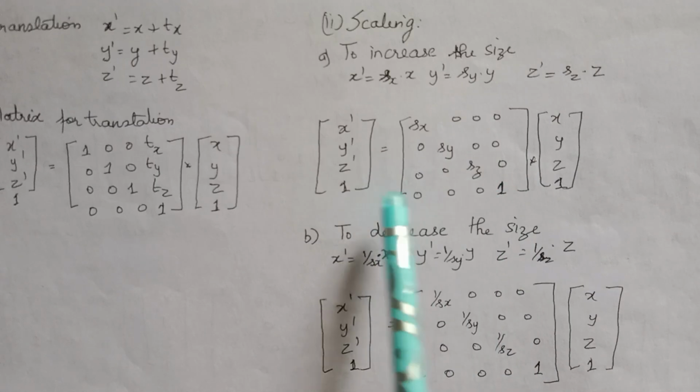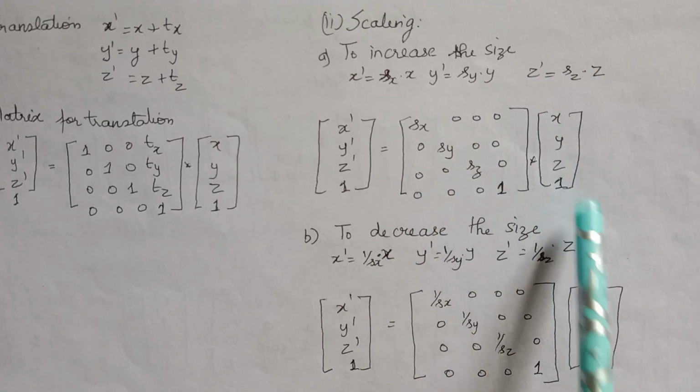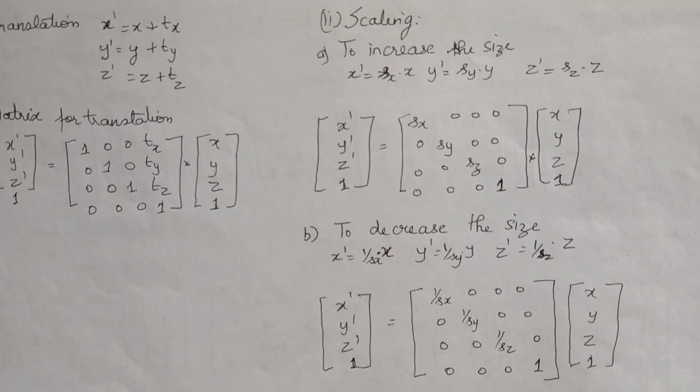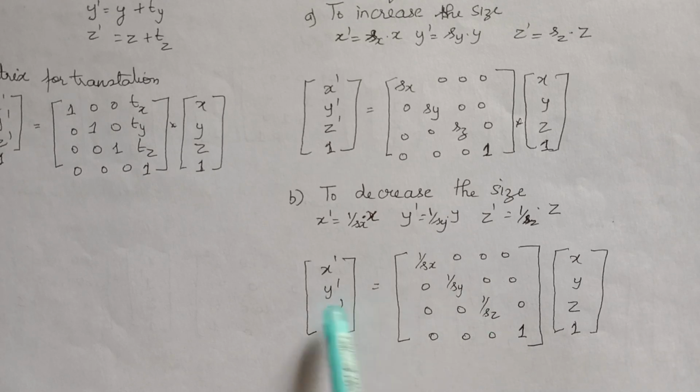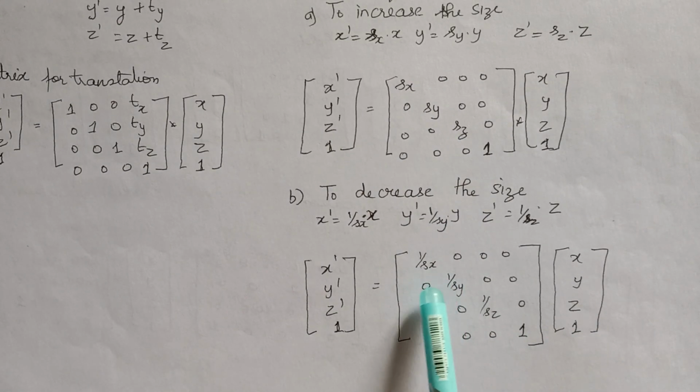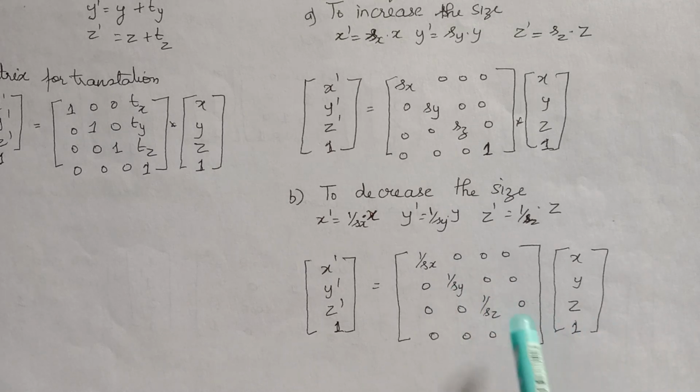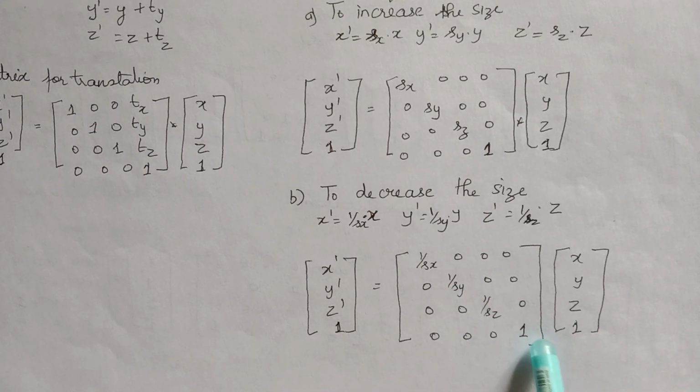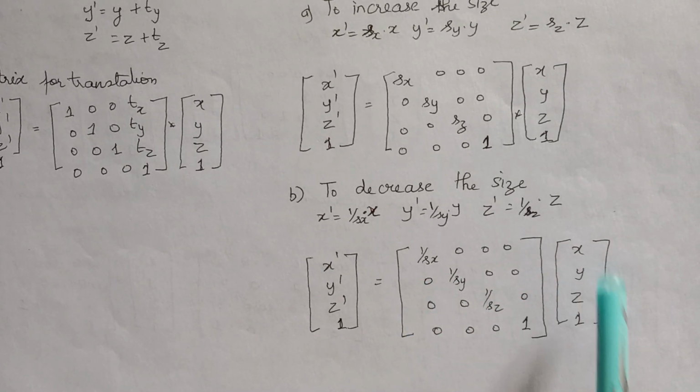Other places you fill with zeros, times x, y, z, and 1. Now to decrease the size, it is the same thing, but instead of sx you write 1 by sx. So 1 by sx, 1 by sy, 1 by sz, and 1. Other places you fill with 0, times the coordinates.